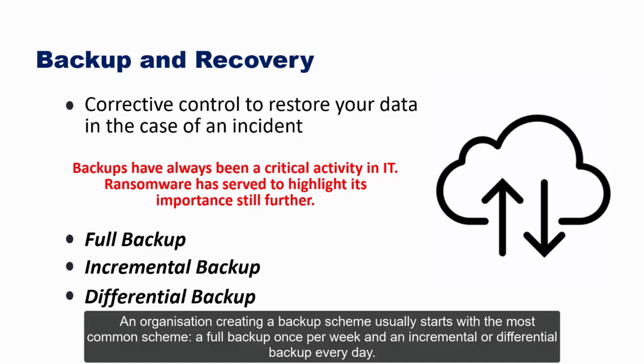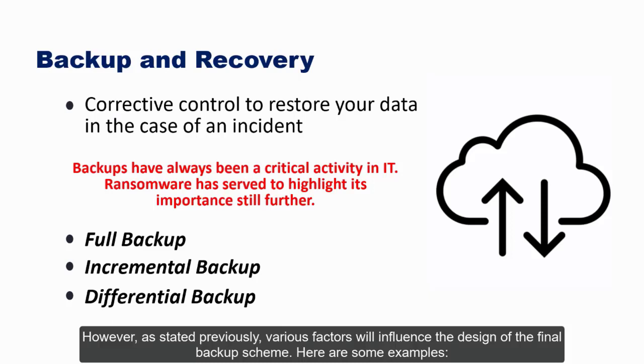An organization creating a backup scheme usually starts with the most common scheme, a full backup once per week and an incremental or differential backup every day. However, as stated previously, various factors will influence the design of the final backup scheme. Here are some examples.